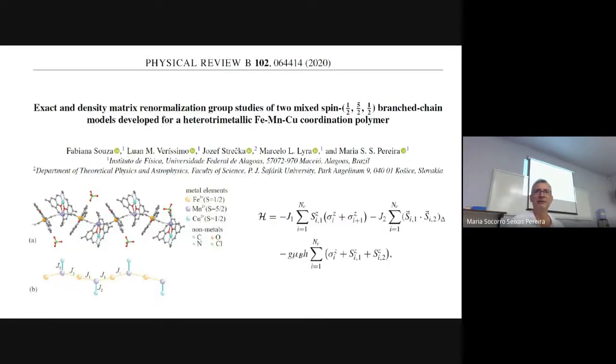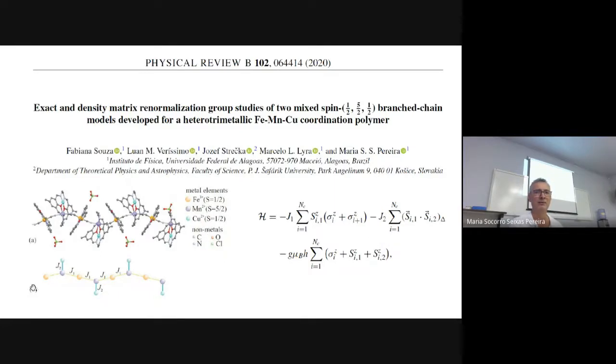Very recently, in 2020, we studied a model for a hetero-trimetallic compound with iron, manganese, and copper ions that could be modeled as an alternating spin chain, like this in graph B. Along the main chain we have a spin 5/2 representing the manganese ions and a spin 1/2 representing the iron ions, and laterally, at each manganese ion, we have a coupled spin 1/2 ion that's a copper ion.